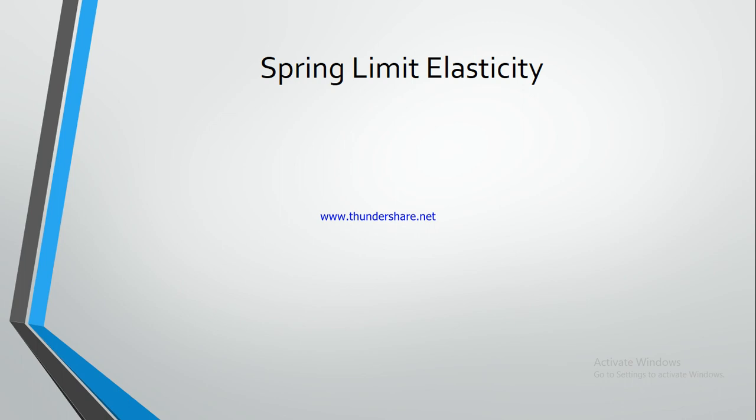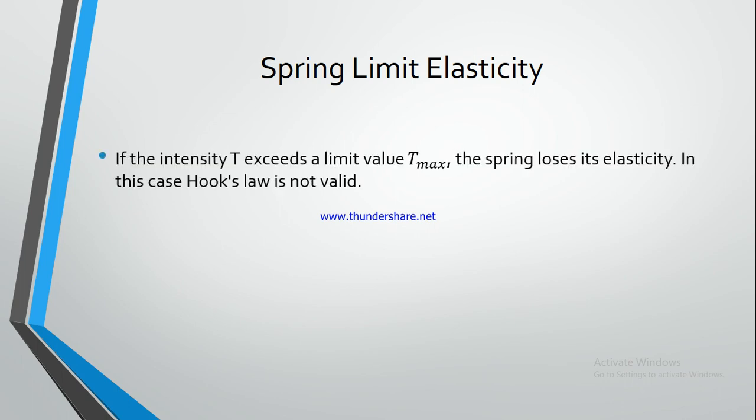But each spring has a limit of elasticity. If we exceed a limit force Tmax, the spring loses its elasticity, and in this case we cannot apply Hooke's law. For Tmax, the spring can support a maximum mass m max.